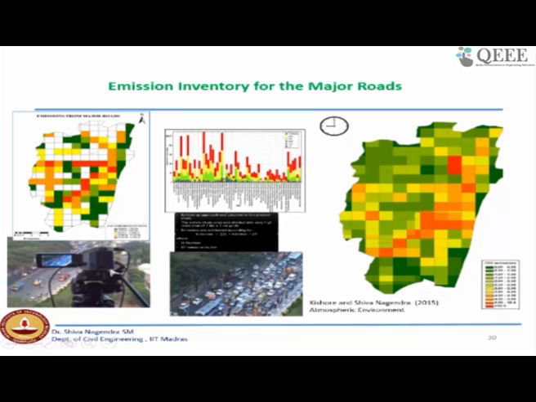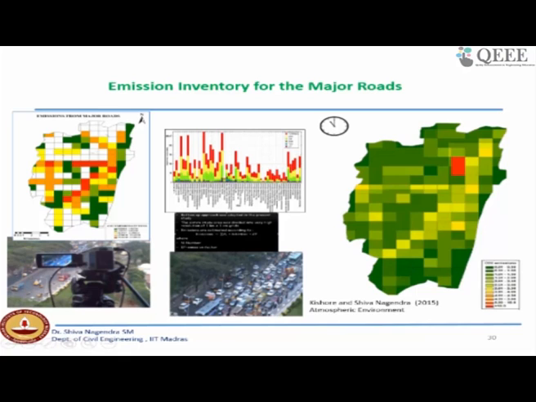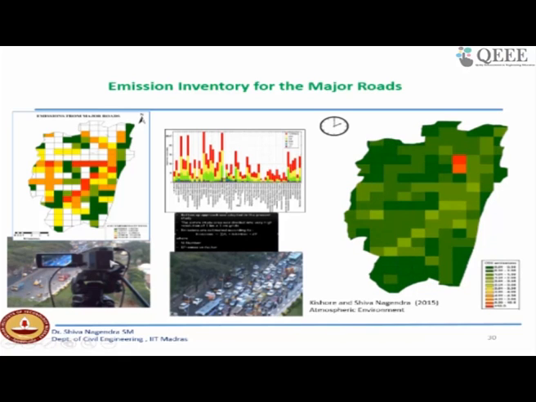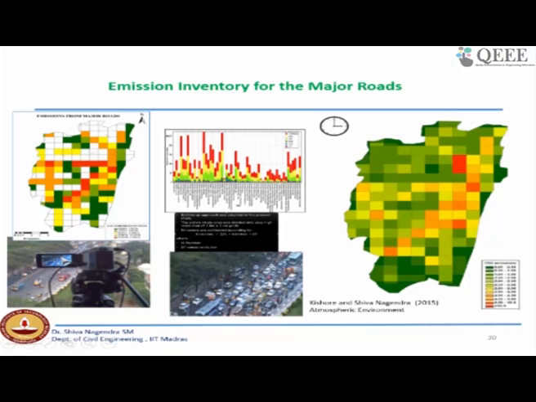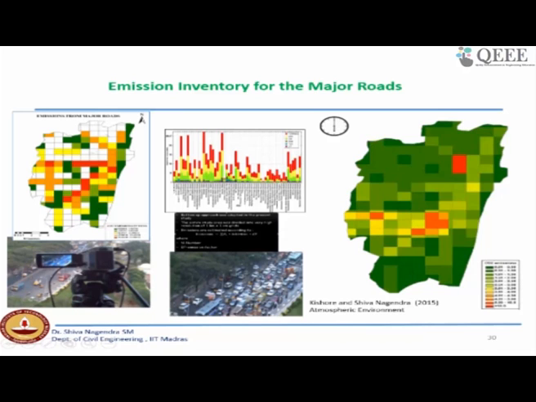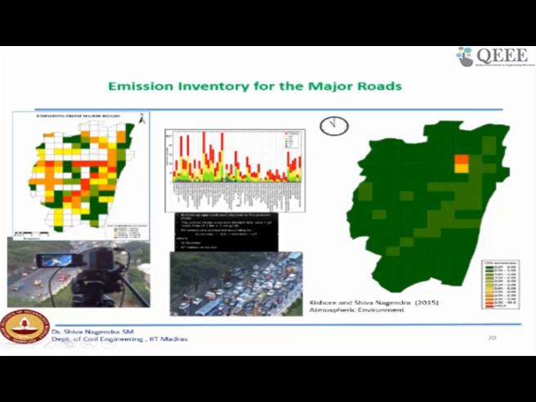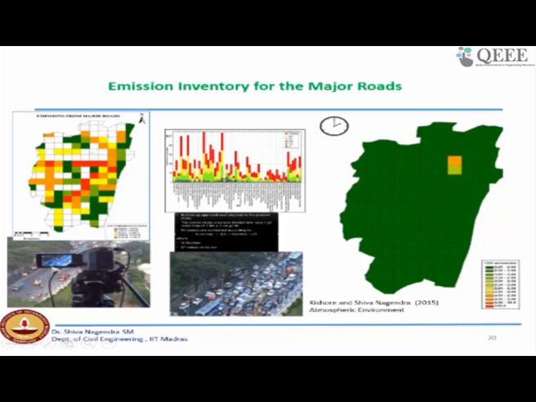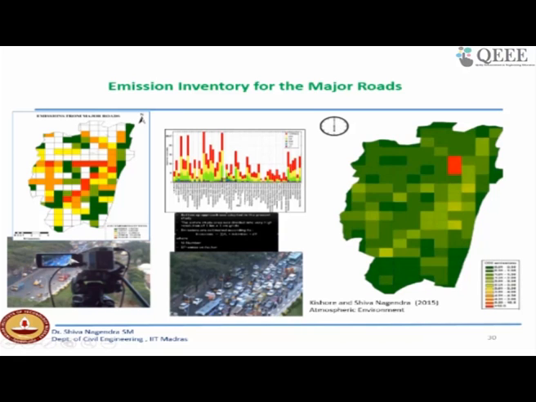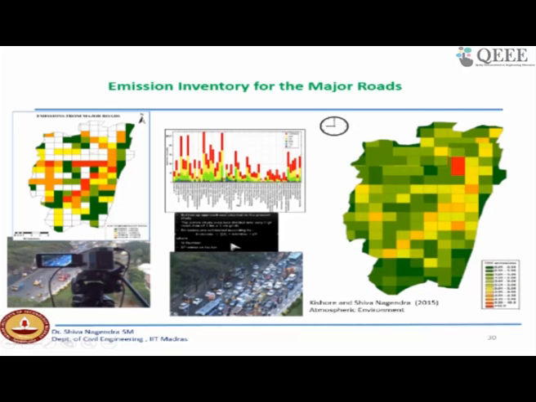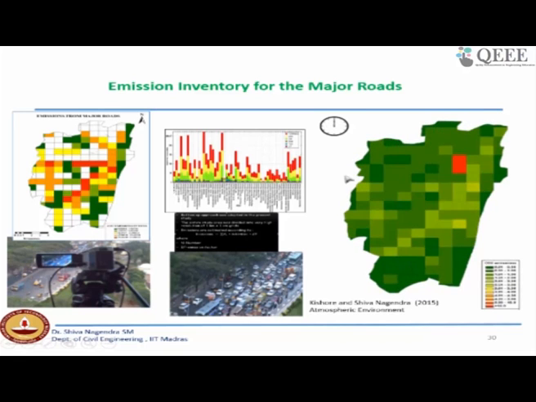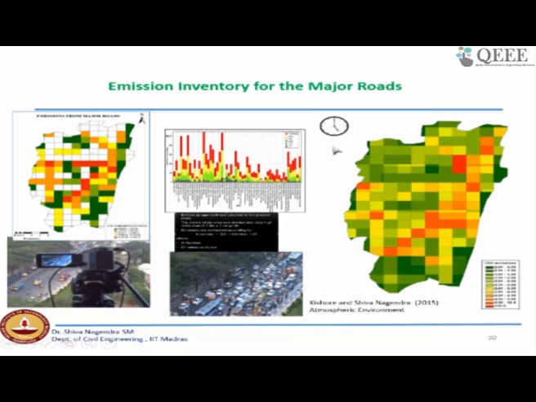In fact, on your left side is a real-time traffic measurement using a video camera, followed by manual counting. There are also some software tools, based on vehicle movement, shape and size, that can quantify the number of vehicles on a particular stretch of road. For these emission estimations, I would like to recollect the emission equation we used in session 1: emission factor multiplied by the activity.